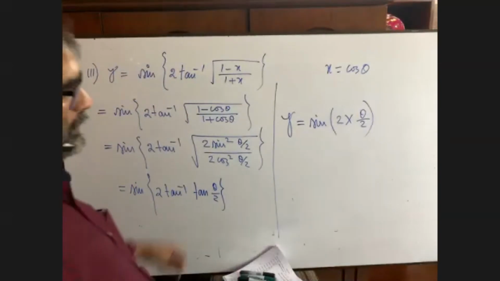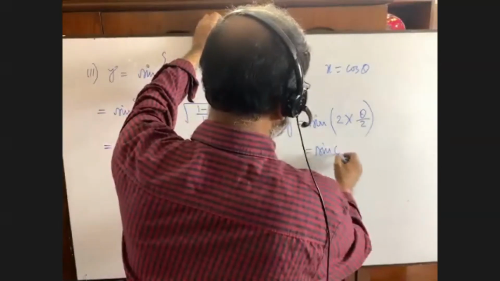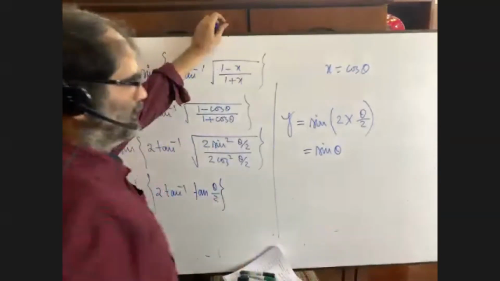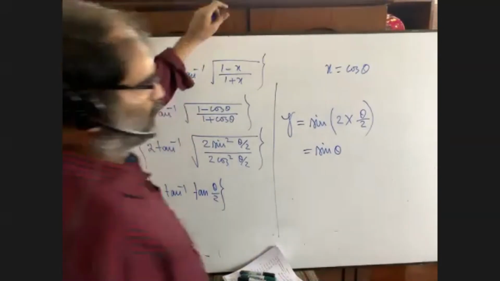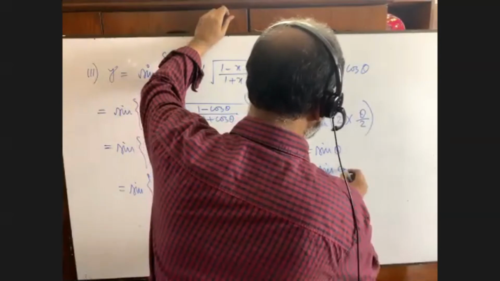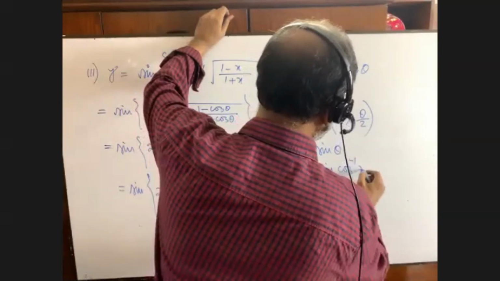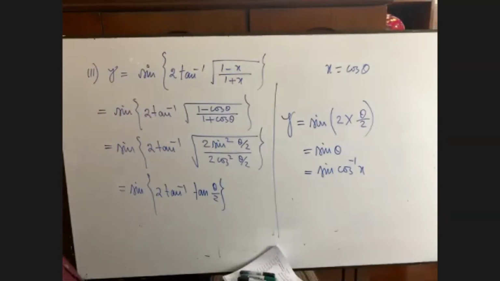So we are left with sine theta. Okay. Is it or not? Now, what is the value of theta? Theta is cos inverse x. I mean, all the formula of inverse and everything and trigonometry are in this math.